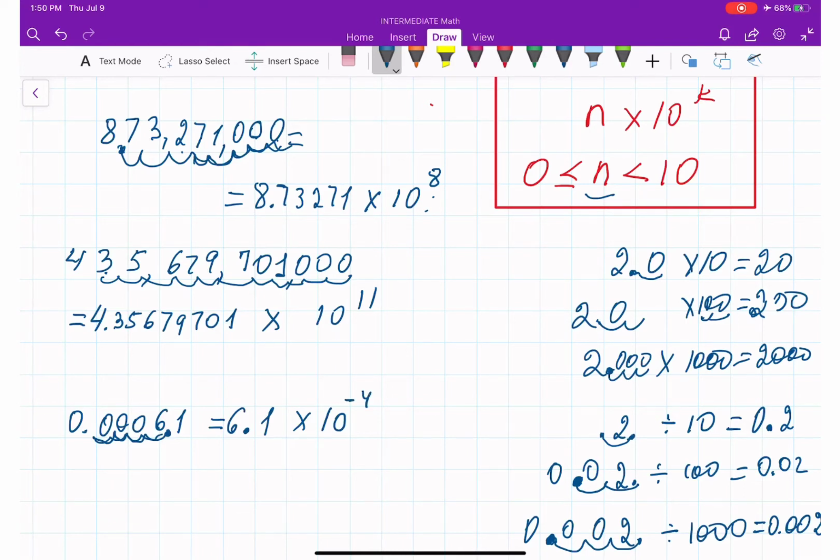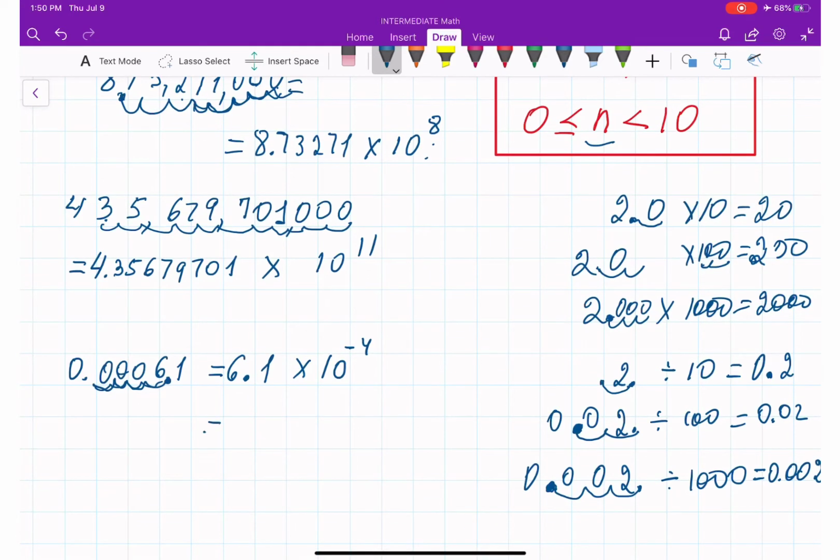Because it's the same thing if I would write 6.1 divided by 10 to power 4, which is 6.1 divided by 1, 2, 3, 4, and I would get exactly the same number, 0.00061. I would go to the left 4 digits, and I would get the same number. This is why when we multiply by a number in negative degree, that means realistically we are dividing.